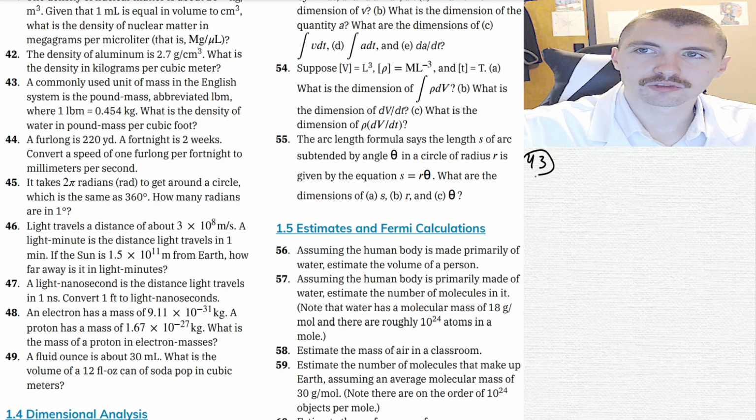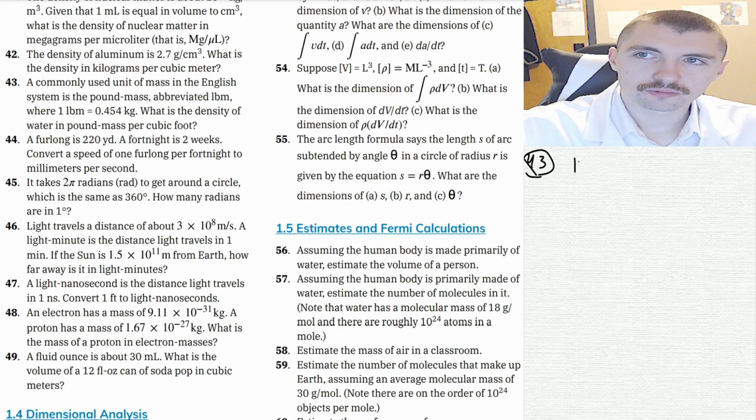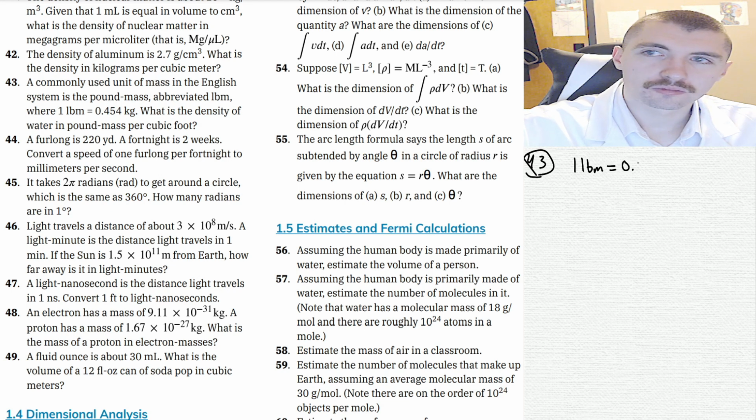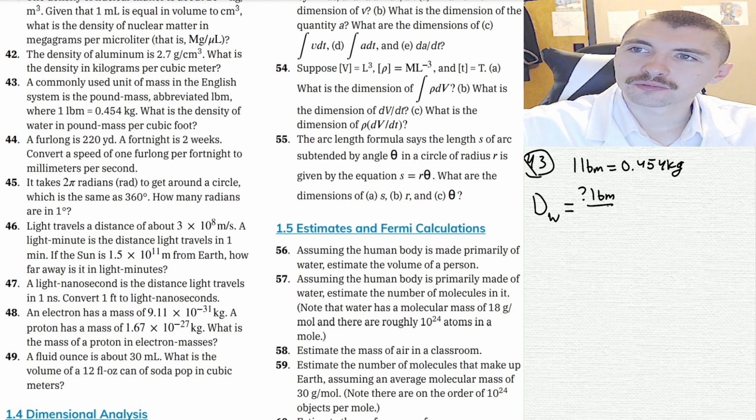43. Pound mass. Pound mass. Okay. What is the density of water in pound mass per cubic foot?